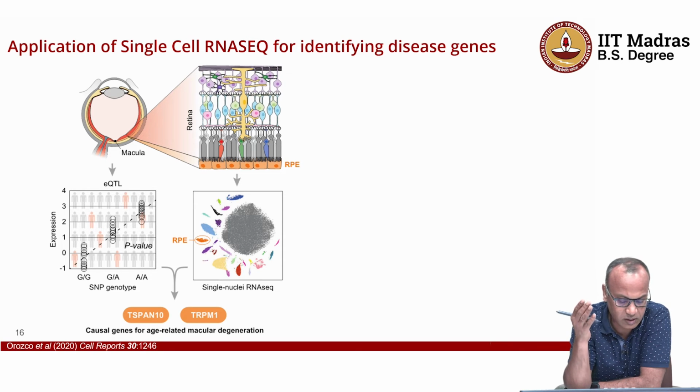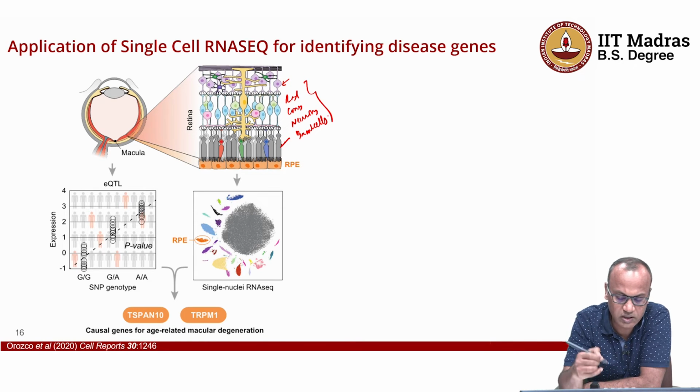So they took the retina of diseased and normal patients and did single cell RNA-seq, and as you can see in the retina there are multiple different kinds of cells. There are rods and cones, then there are neurons, then there are basal cells, and various other cells.